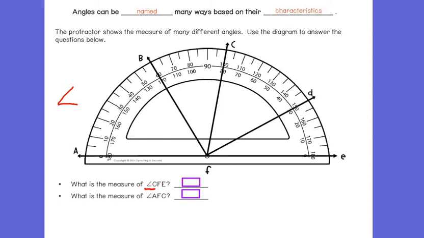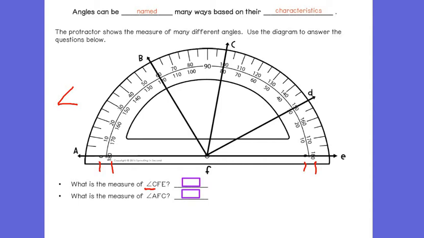So they're asking, what is the measure of angle CFE? Well, looking over here at my protractor, I notice here on the left side, there's two sets of numbers, top and bottom. The top starts at 0, the bottom starts at 180. Over here on the right, the bottom starts at 0 and the top starts at 180.